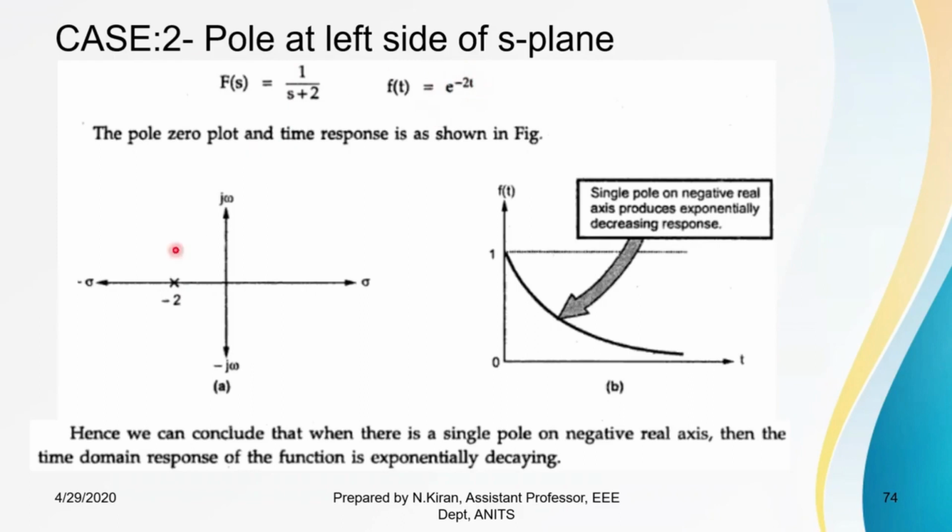As you can see, if I have a pole on the left hand side of the S plane, the function is an exponentially decaying function. Therefore we can conclude that if I have a single pole on the negative real axis, then the time domain response will be an exponentially decaying function.